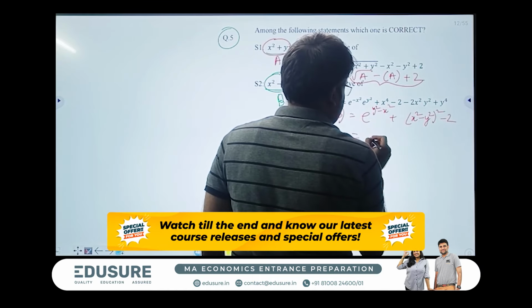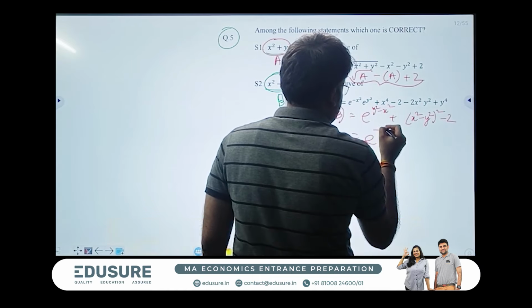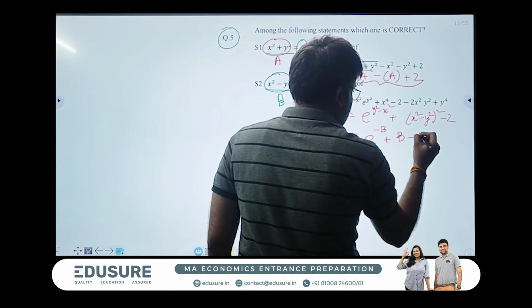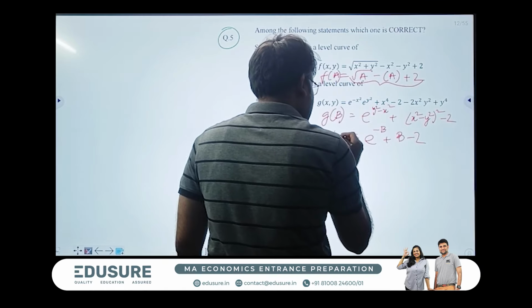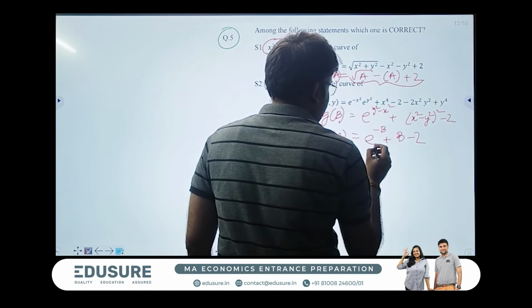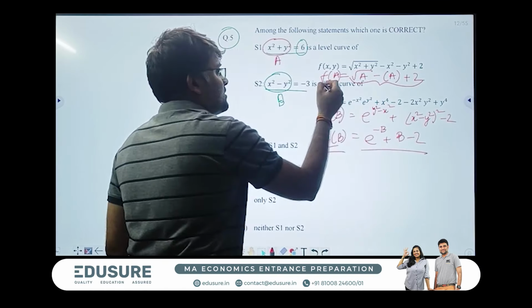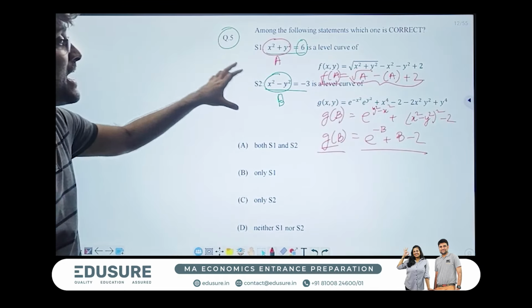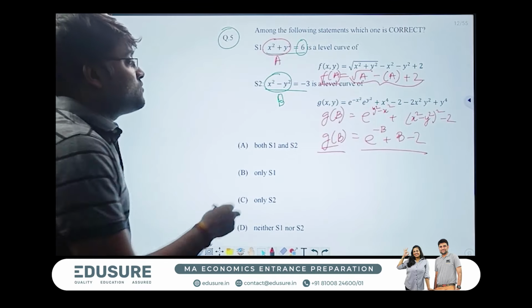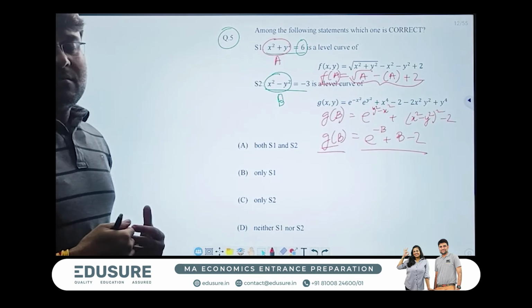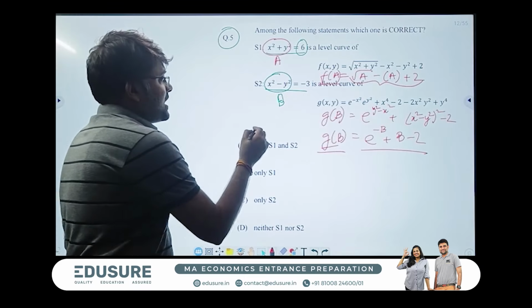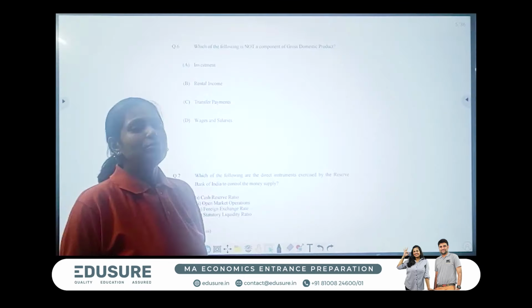So this can be written as e to the power of minus B plus B minus 2. So G can also be expressed in terms of only B, and F can also be expressed only in terms of A, so these can be expressed as level curves. So both S1 and S2 will be the answer.